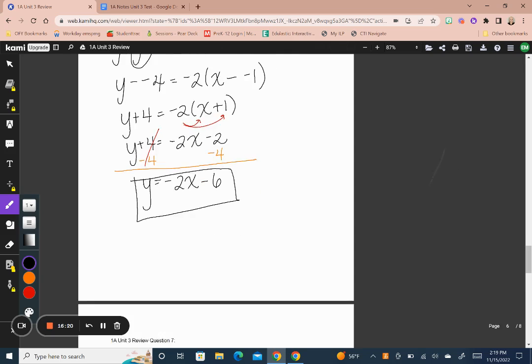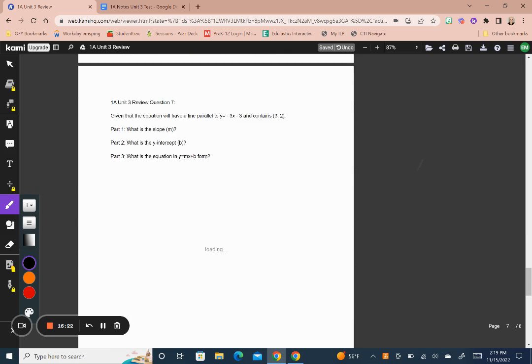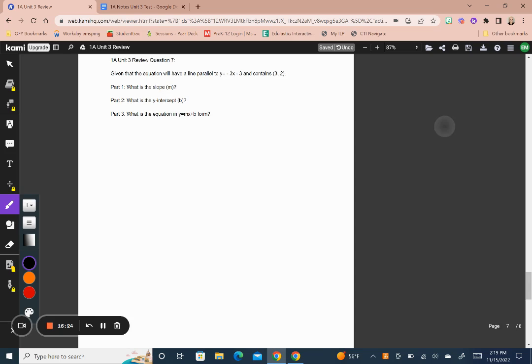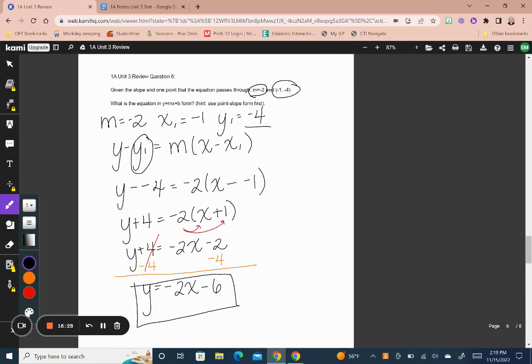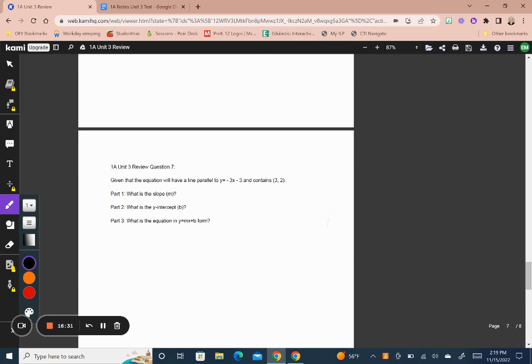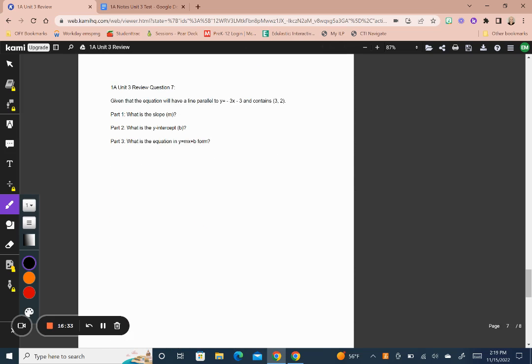All right, so we can take a look and see, okay, two points, we did our equation, good to go. When we get here, we see something a little different. It says parallel line, okay?